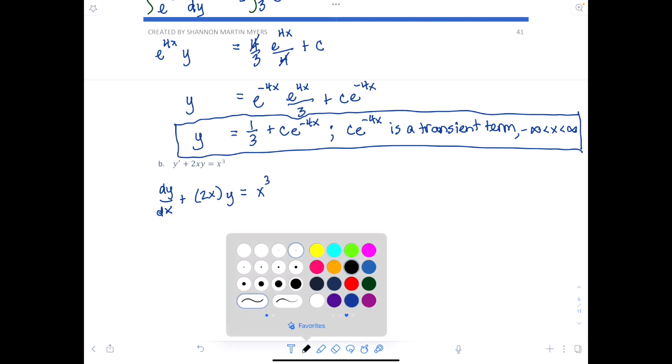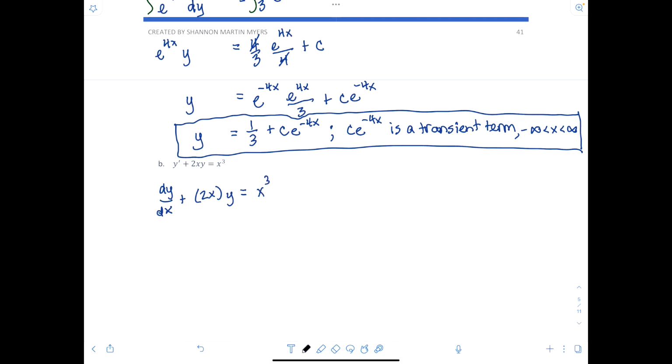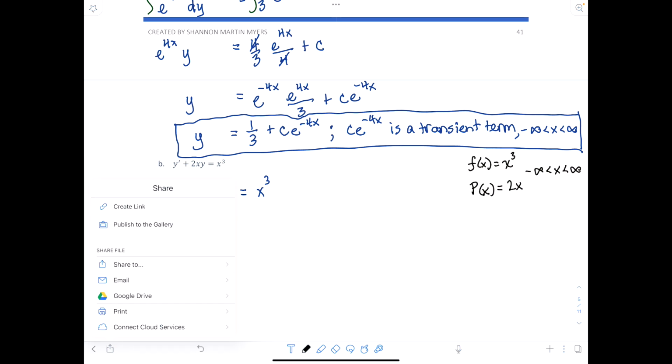So when we're making our list, we have f of x is equal to x cubed, p of x is equal to what? Awesome, 2 times x. We don't have any limitations on the x for the domain, so minus infinity less than x less than infinity.